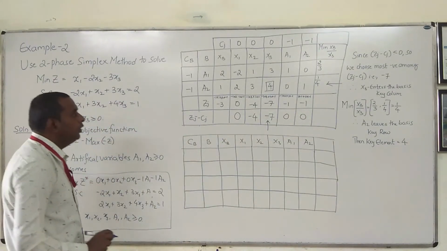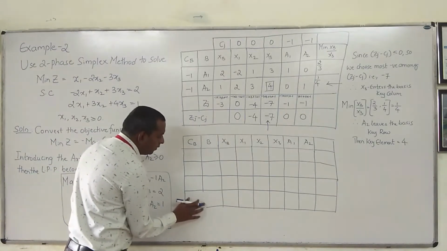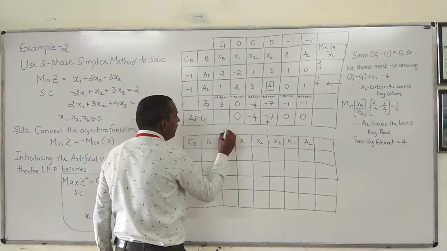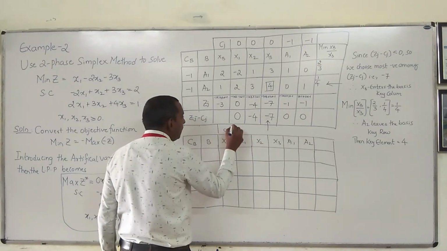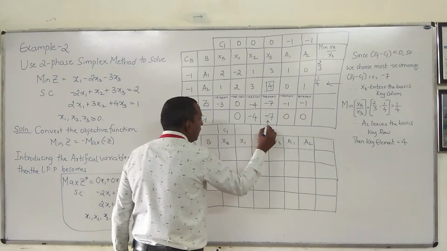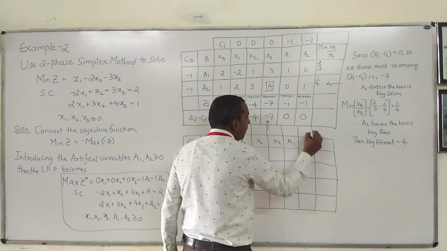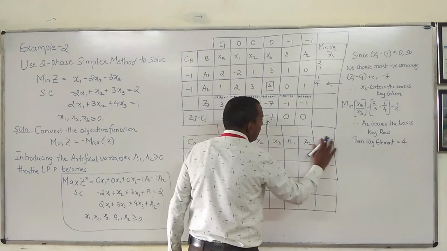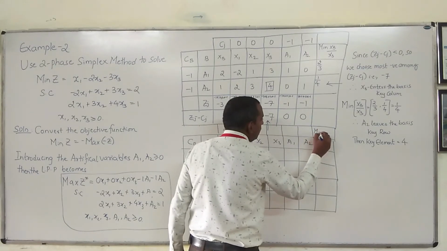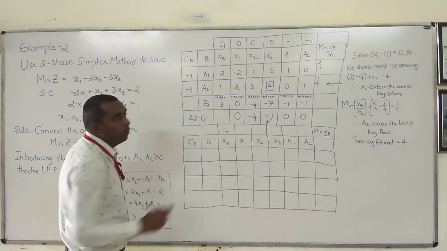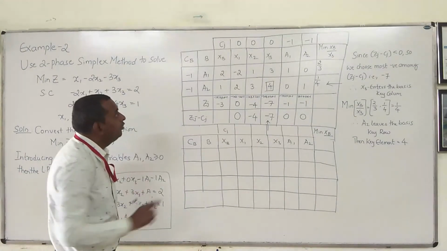Fine. Let me come up with Cj. Let me write the values here.